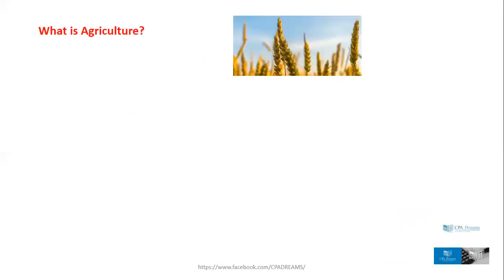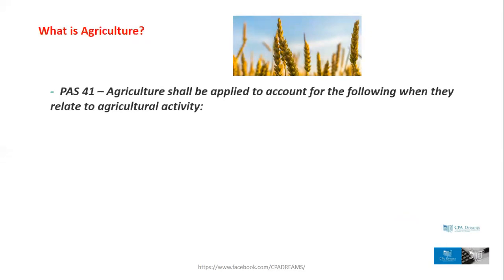When we say agriculture, the first thing that comes to mind is farming, right? So our farmers, long live our farmers and the children of farmers. So actually, they are always part of the accounting. So this agriculture topic or biological assets is covered in PAS 41.